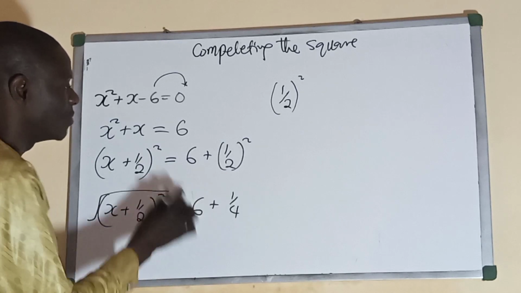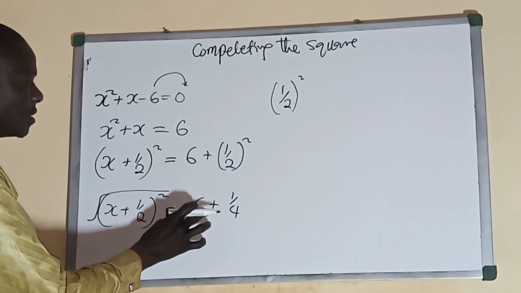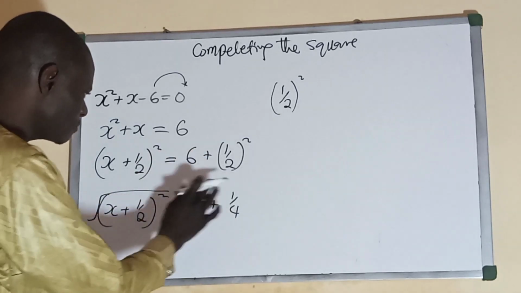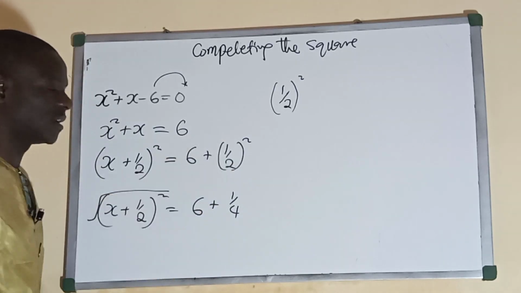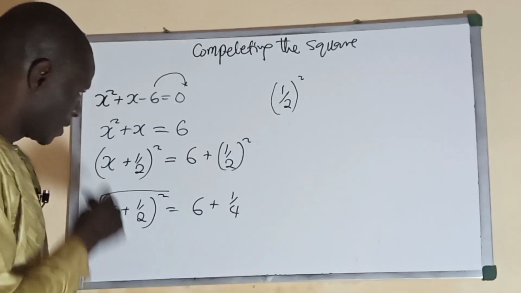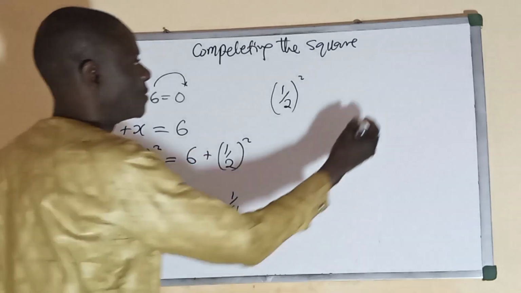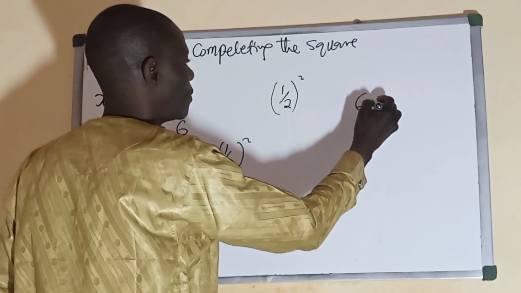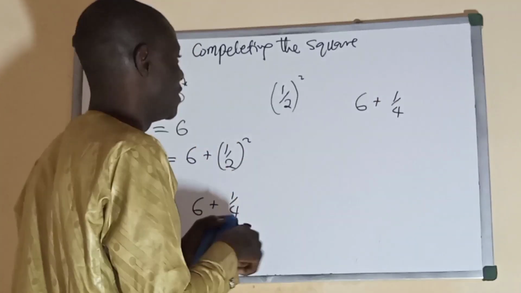Before we take the square root, let us simplify this one. The simplification here: we have 6 plus 1 all over 4. Can you see it?